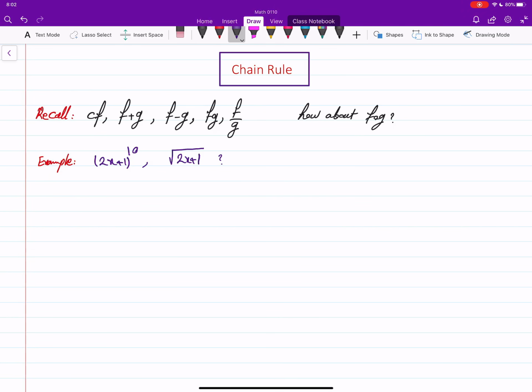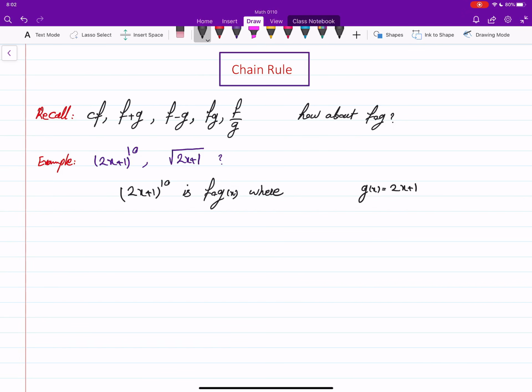The first thing to note is that the function (2x+1) to the power 10 is f∘g, where, well, what does this do? First, the inner one is g, which takes x to 2x+1.